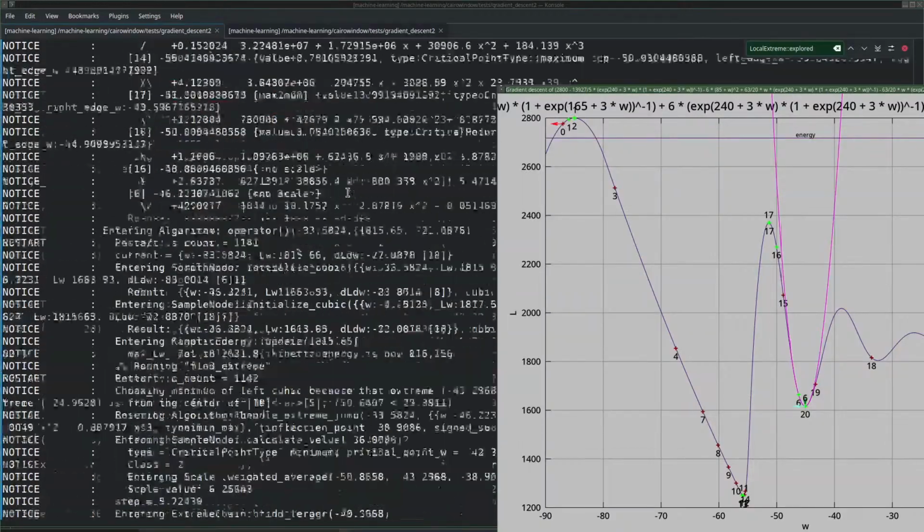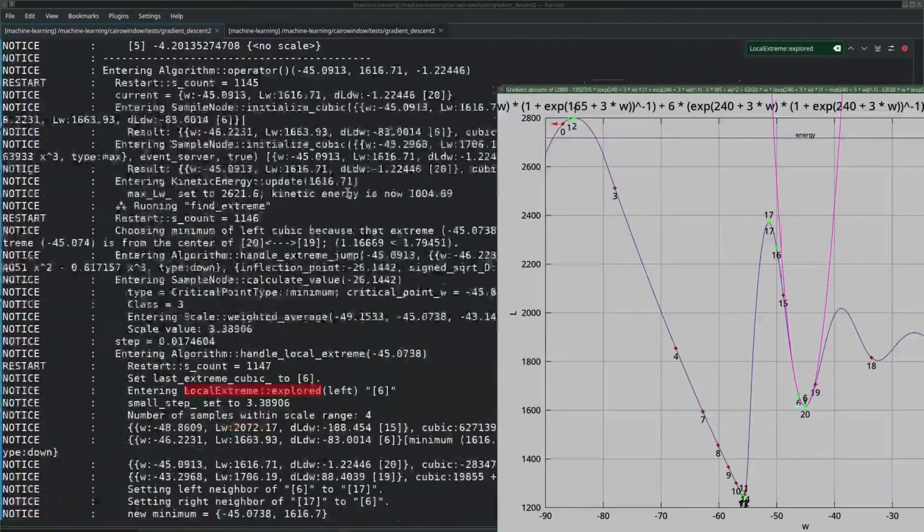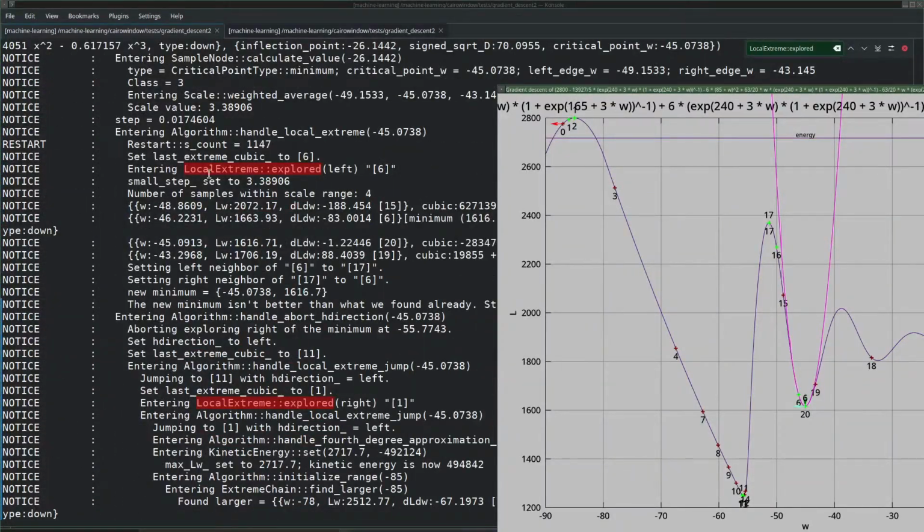No, only 2. Explored left 6. That was this one. And it is marked as being explored left, which is because we saw this minimum. So this minimum is adjacent to that one, therefore we have explored to the left. It's not marked as explored to the right, because that's correct, we did not explore to the right.